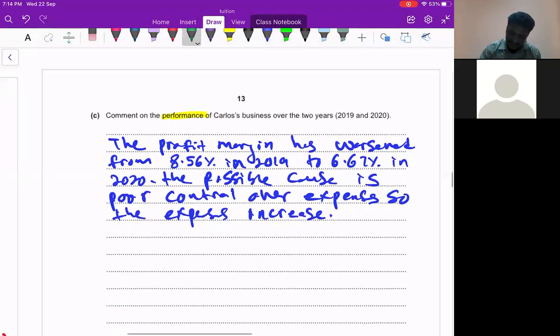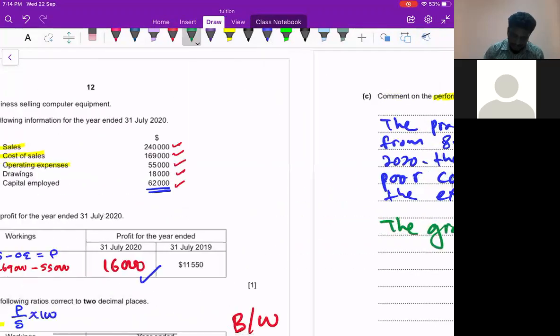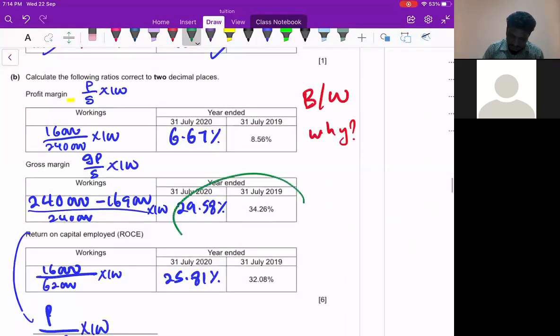Next paragraph, we talk about the gross margin. Has it got better or worse? Worse also. Okay, from 34 become 29.